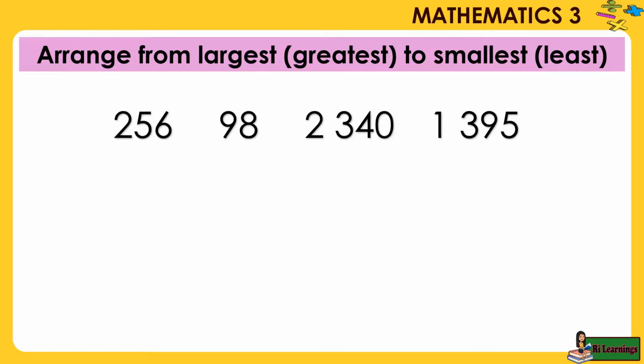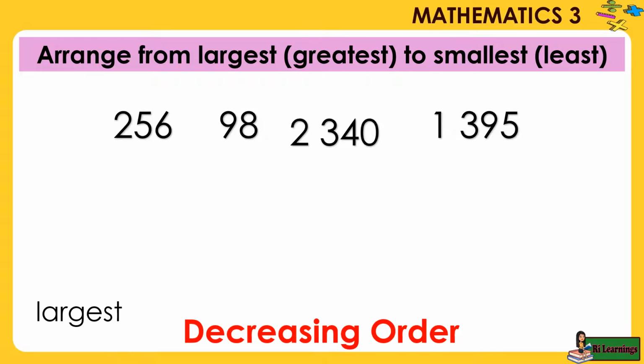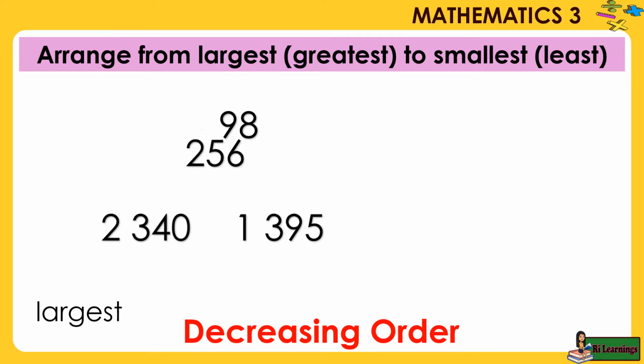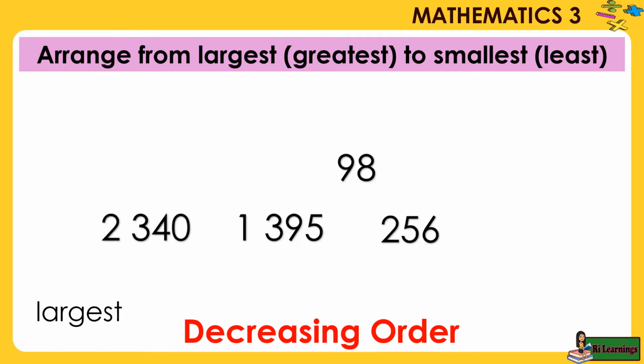Arrange from largest, greatest, to smallest, least. 2,340, 1,395, 256, 98.